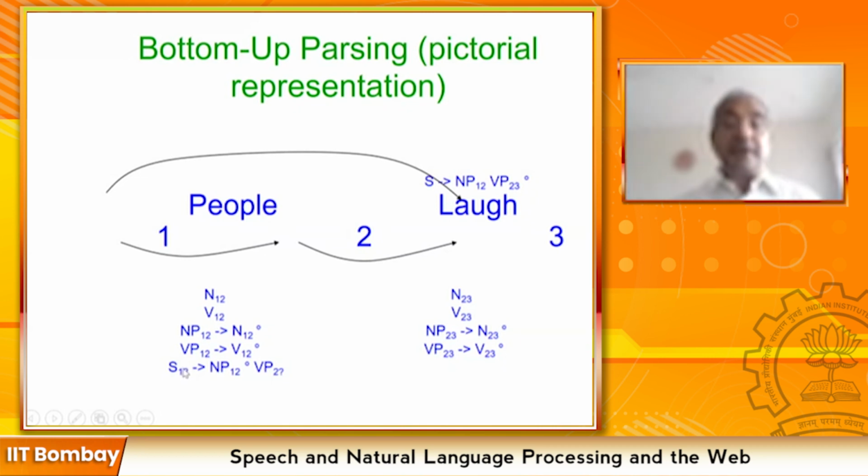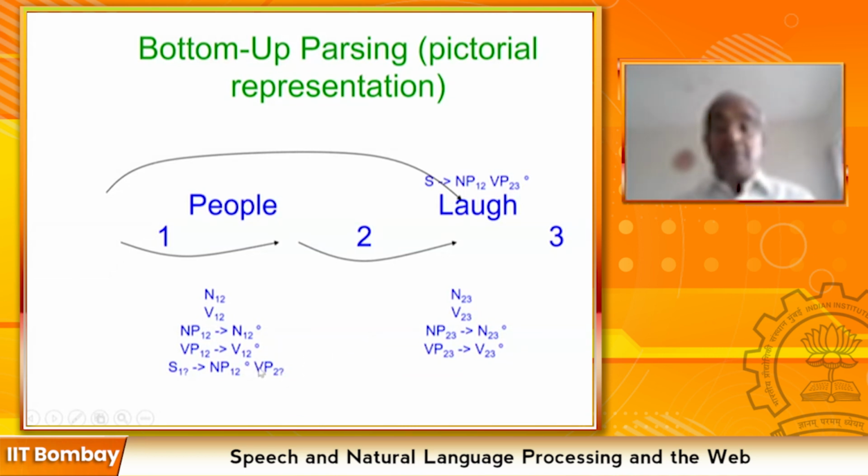What happens to the ultimate rule S goes to NP VP? Well, I have found NP, so the handle goes after NP. Now I have to finish the work of VP, finding a verb phrase. So NP is between position number 1 and 2. VP is from 2 to the end of the sentence. I don't know that index. If I know the length of the sentence a priori, then I can put that number here.